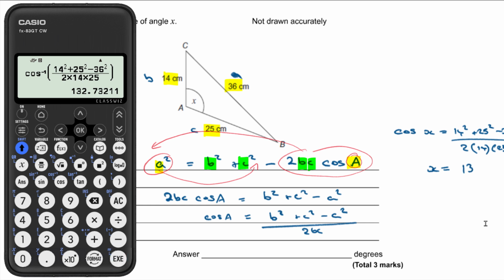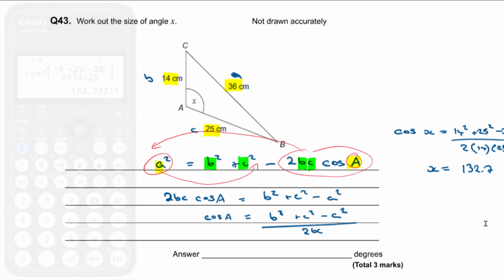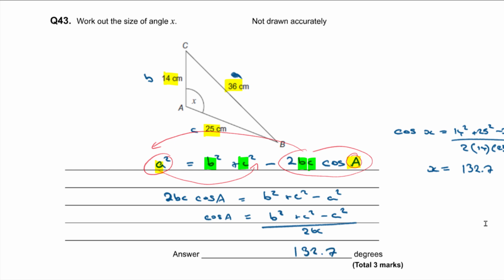Does that look right? Well, I've got an obtuse angle, and 132.7 is definitely obtuse. So I'm feeling good about that. 132.7 looks good, so let's write that one in. But always imagine your number on your diagram before you move on and ask, does that sit right on my diagram?